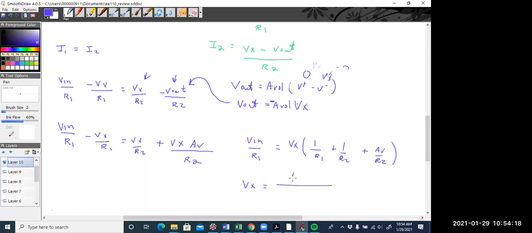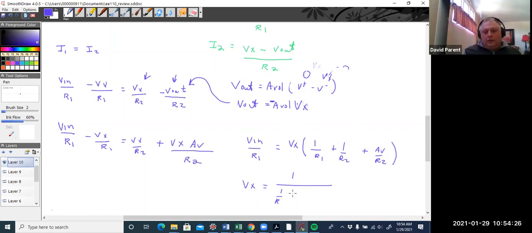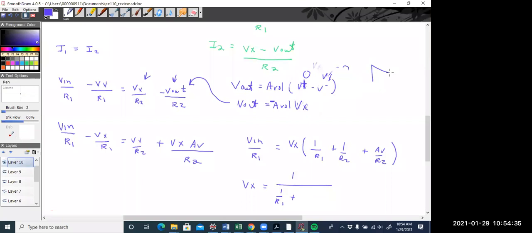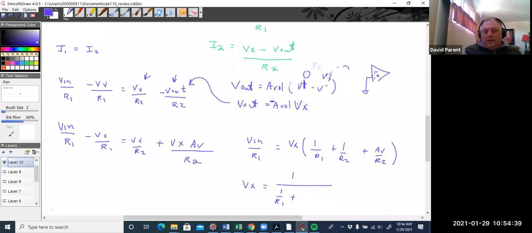Professor, can you explain why the Vx is 0? Hold on a second. It's not. V plus is 0. This is plus. Let me redraw it. That's V plus, and I tied it to ground. That's why. Okay? Good question, though.